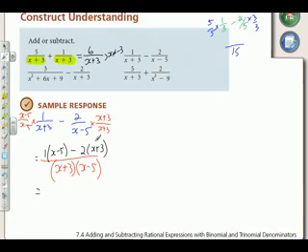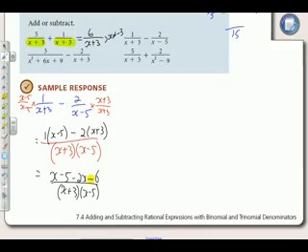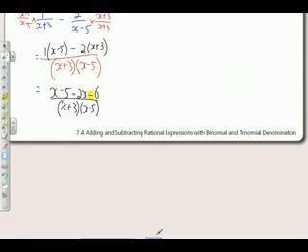Distributing your numbers, x minus 5 minus 2x minus 6. Highlight that one because that's where people make the mistake. Over x plus 3 times x minus 5. Combine all your like terms in the numerator, which is now going to give you x minus 2x gives you negative x.